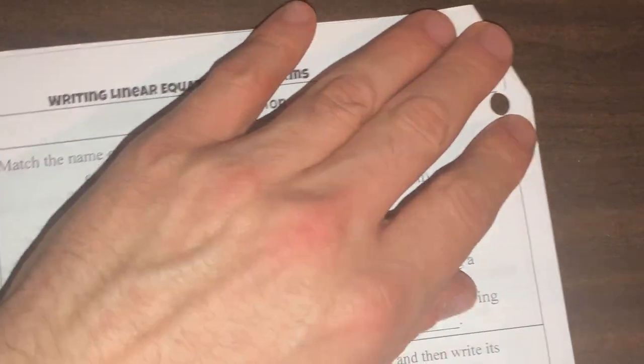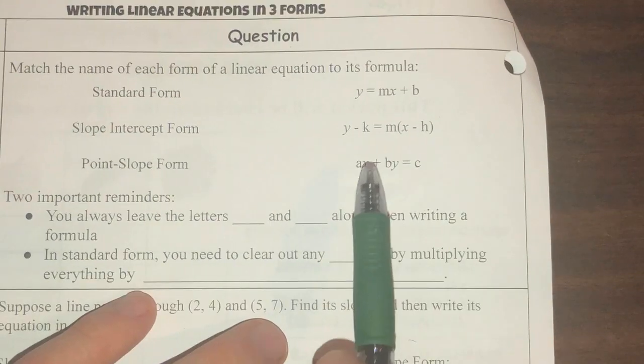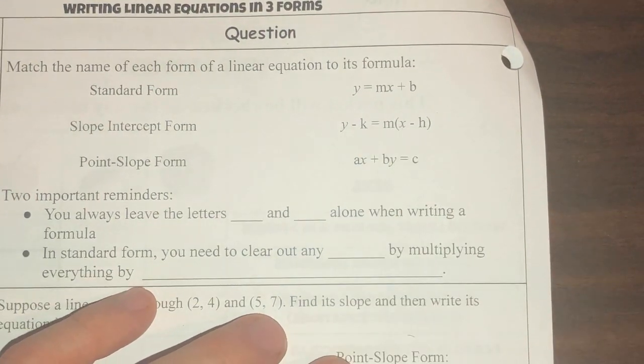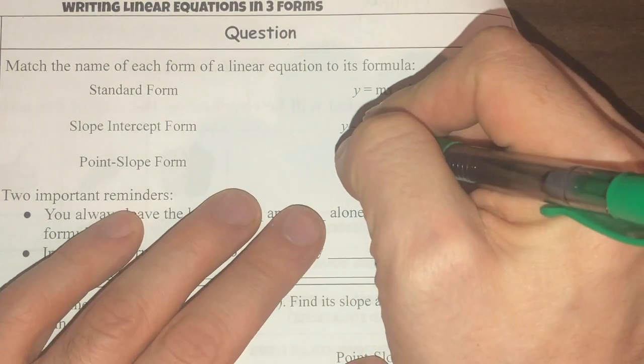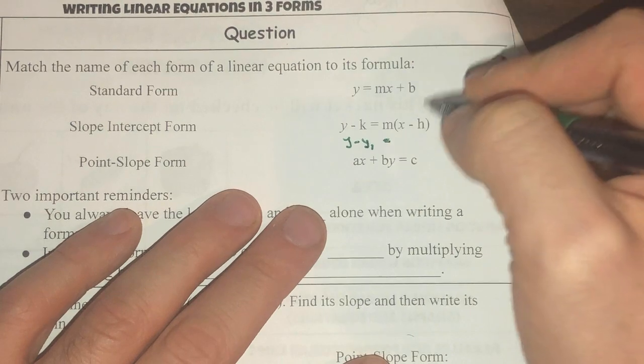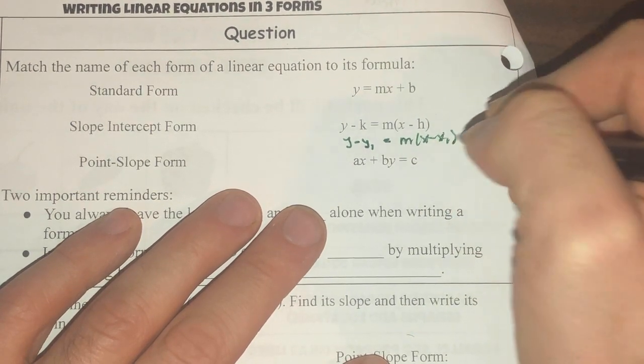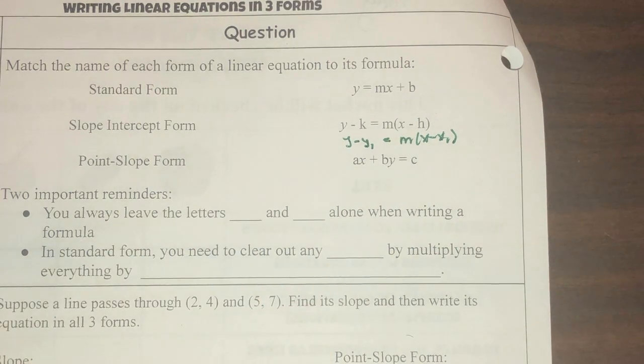So there's two ways that we've talked about these formulas right here. I just would make a note that this is one way we've talked about this form. The other way you might have seen it is written like this: y minus y1 equals m times x minus x1. Okay, they're just two different ways of writing the same thing.